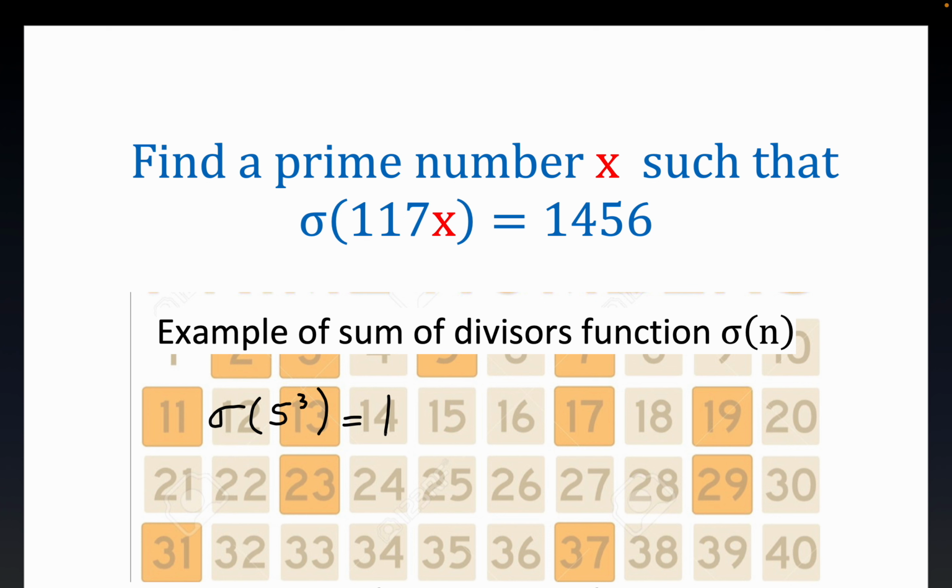One is a divisor of any integer. 5 to the first power, and I'll just put that for emphasis, is also a divisor of 5 cubed. 5 squared and 5 cubed. A number is a divisor of itself.